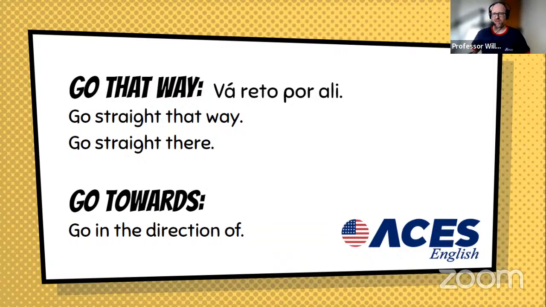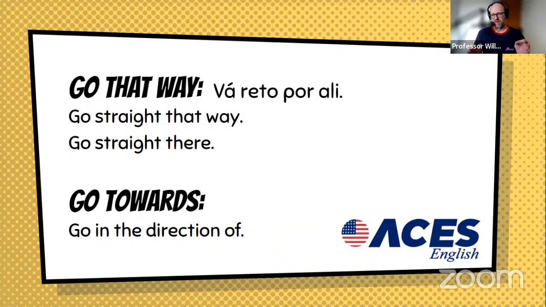Alguém gosta de Aerosmith? Anybody? Walk this way, talk this way, walk this way. No? Aerosmith fans? Não? Aerosmith teve uma música, minha mãe odiava, porque ela odiava o jeito que é walk this way. Mas era walk this way, talk this way.